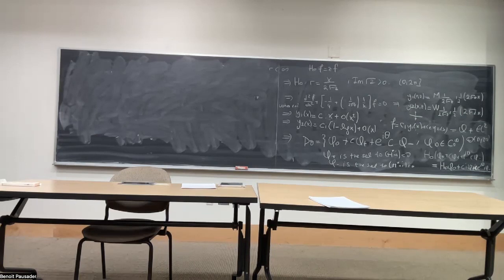So you check around zero how many of them are L2 or not L2, and then you check around infinity how many of them are in L2 or not L2. If both of them are not L2, then you are in the limit circle case in both cases, so your deficiency indices are 2, 2. If at least one of them is limit point, then you have to be 1, 1. If both are limit point, then you are already self-adjoint.